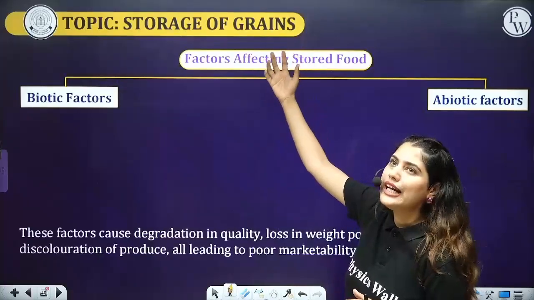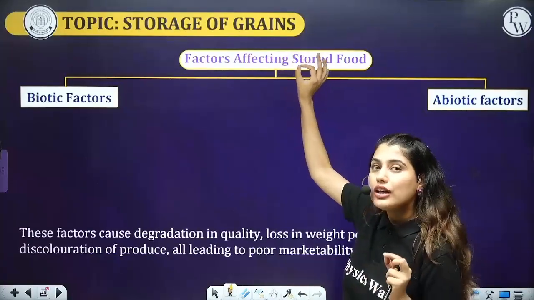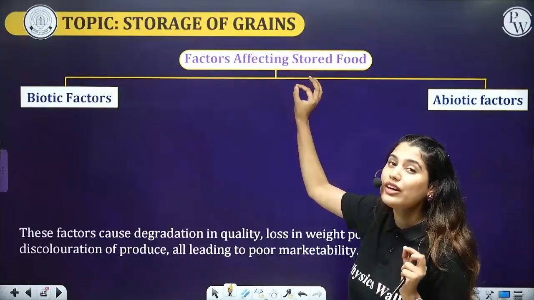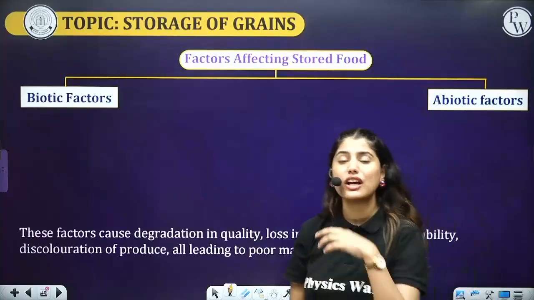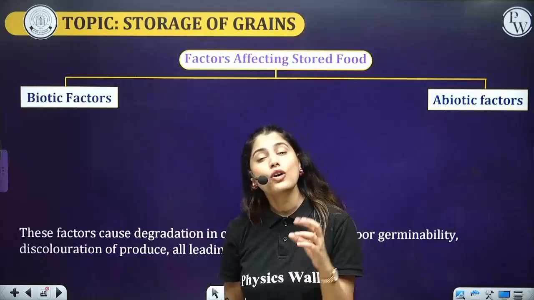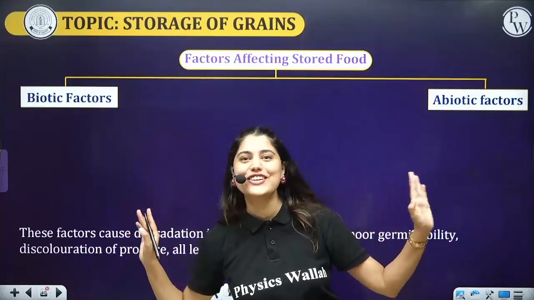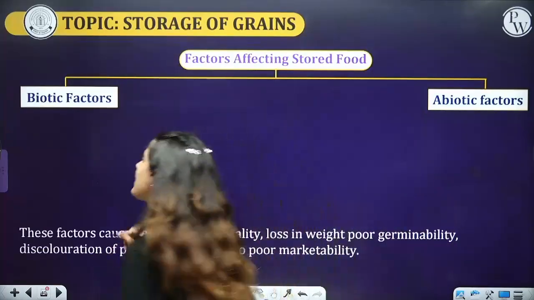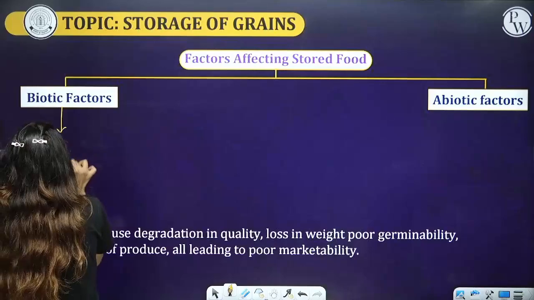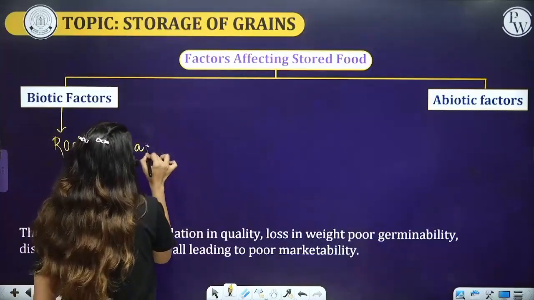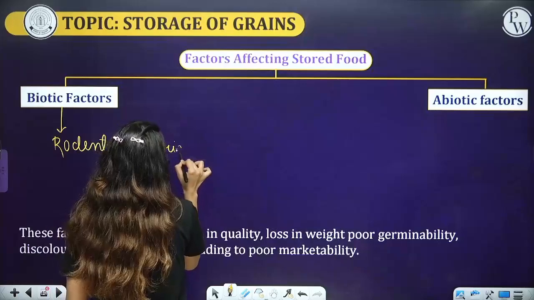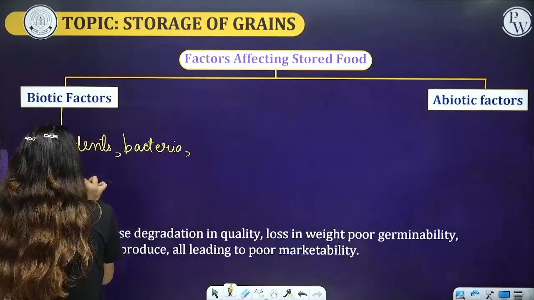You are storing, and once you are storing, you have to make sure they are not getting damaged by biotic and abiotic factors. What are the biotic factors? Biotic as in, you know it, yes, living factors, right? For example, rodents, bacteria, fungus, insects, they all can damage the crops while you are storing them, right?